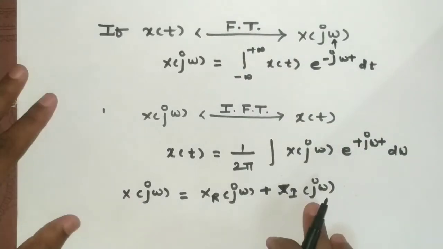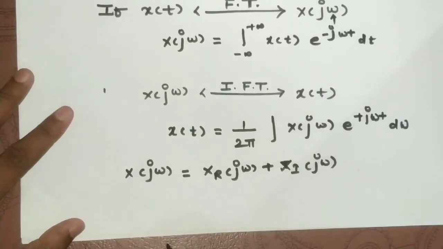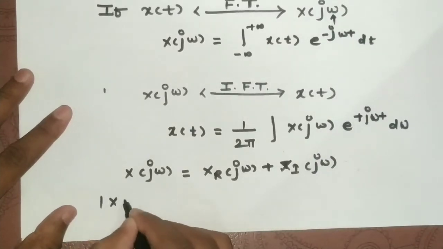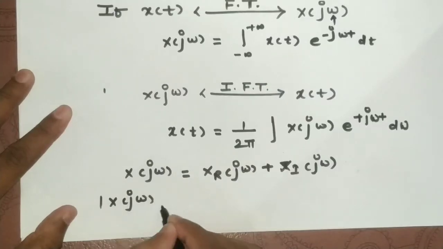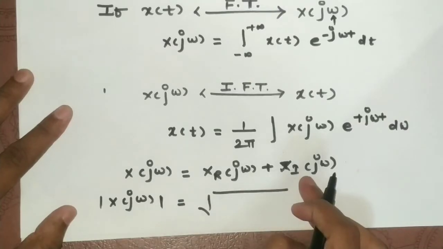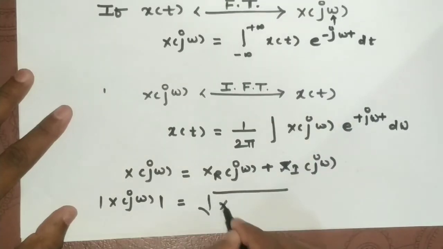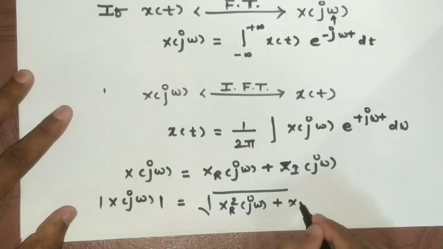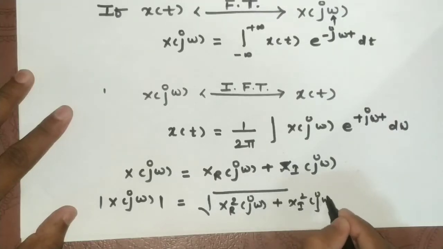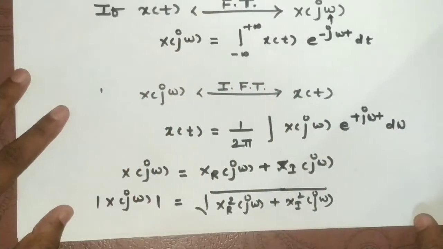A complex number has two components. One is its magnitude, mod x of j omega, which is the square root of the square of the real term plus the square of the imaginary term, so it becomes xr square j omega plus xi square j omega. Based on that we can draw the magnitude spectrum of the given signal.